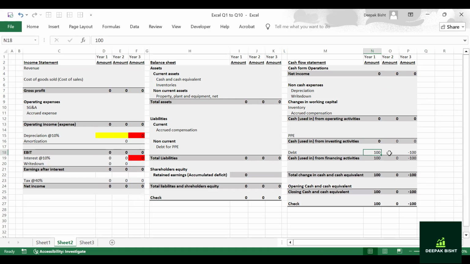I'm not removing the formulas, only the numbers which I have plugged in. So there is a write down of $100. There was no formula here. Because there is a write down of $100 at 40% tax rate, the net income has fallen by $60. Correct. This is what the answer is stating.